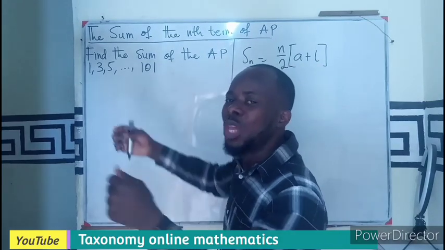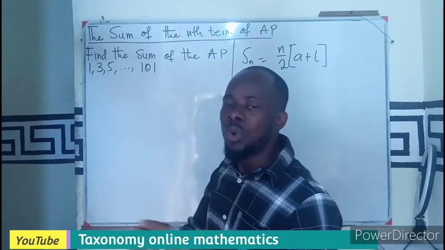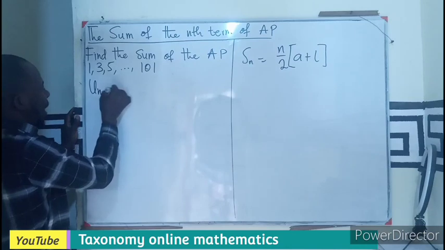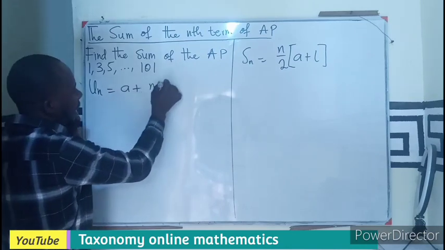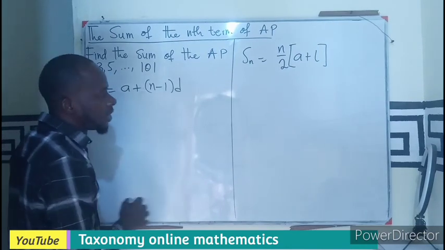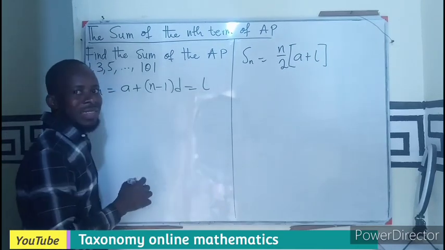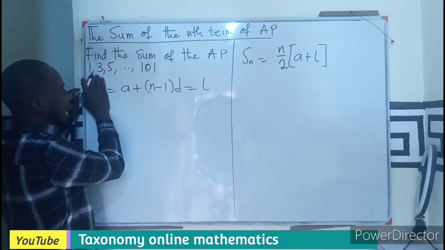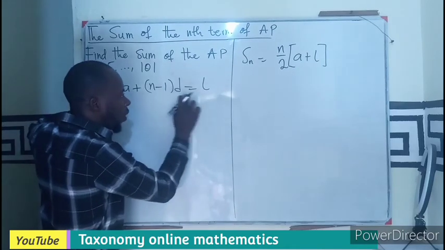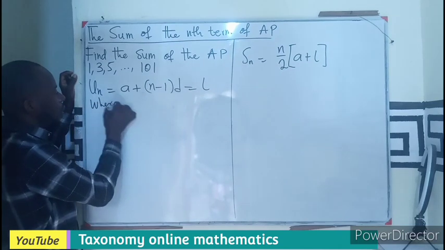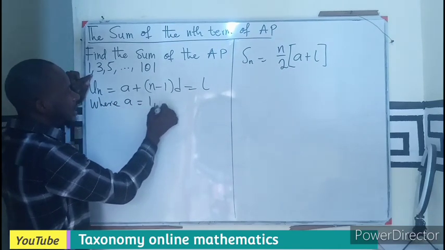We need to find that using the nth term of a sequence, which states that the nth term is a plus n minus 1 d. This nth term is the same as what? The last term. So the whole of this equals the last term, where our first term is going to be 1.